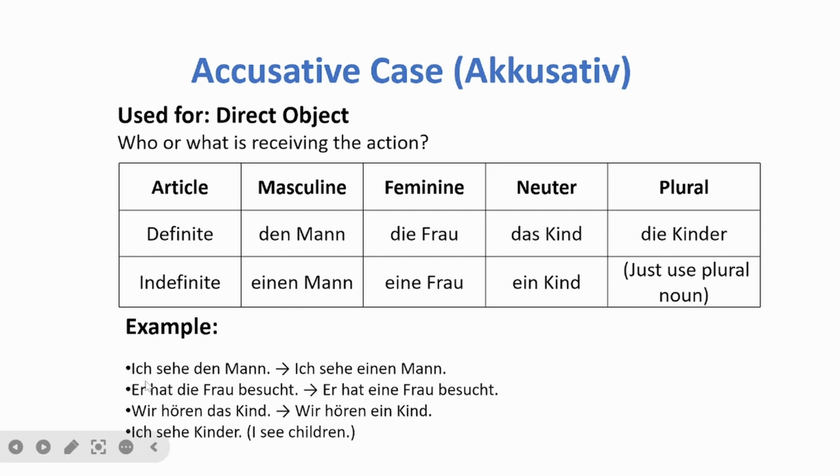So let's see some examples. First is ich sehe den Mann, which means I see the man. And in indefinite form it is ich sehe einen Mann, which means I see a man.